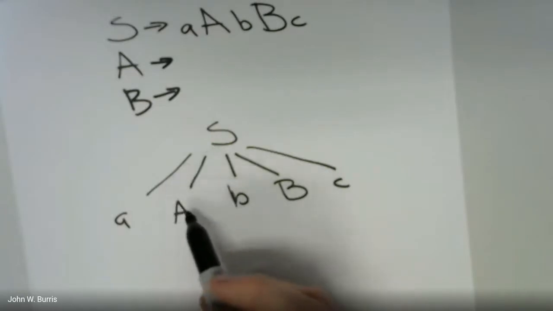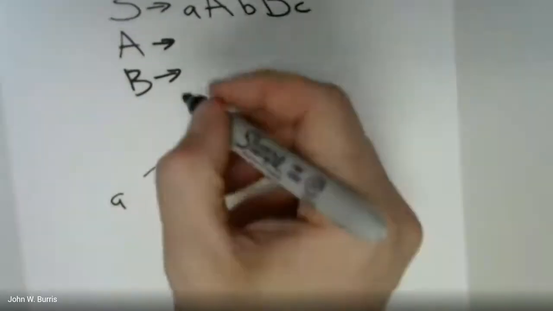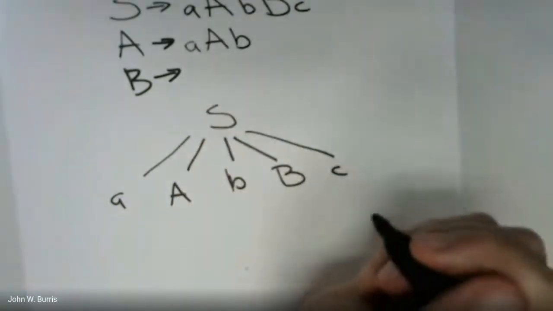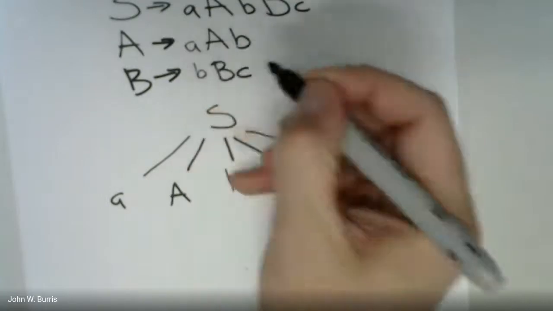So with this, the problem I see is, let's say that A counts A's and B's, and B counts B's and C's.